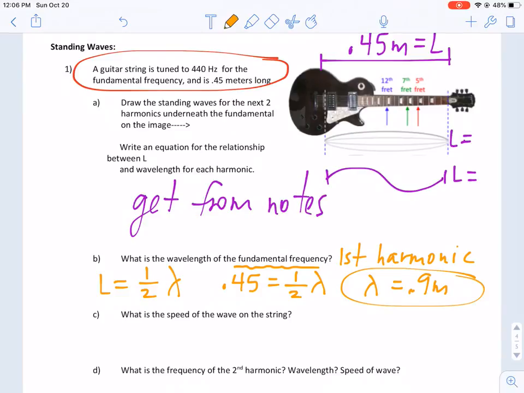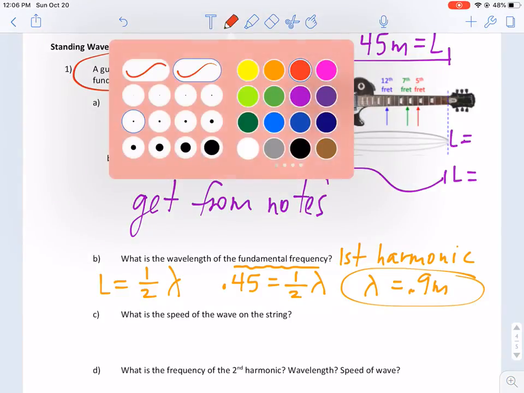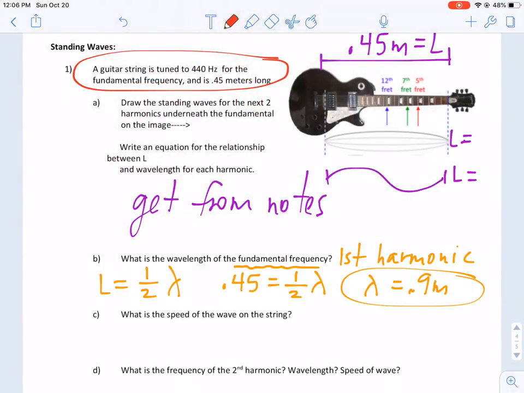I just need to double it, right? And if we think about manipulating this original formula, if I multiply both sides by 2, that would get rid of this and this, leaving wavelength equals 2L. So this is kind of another way to rewrite the fundamental.